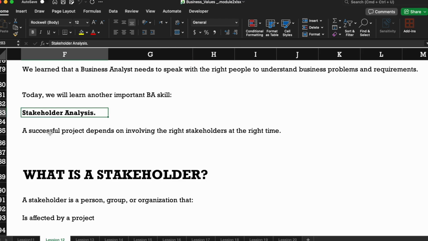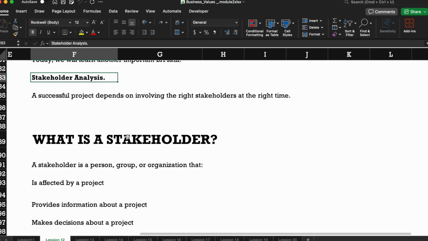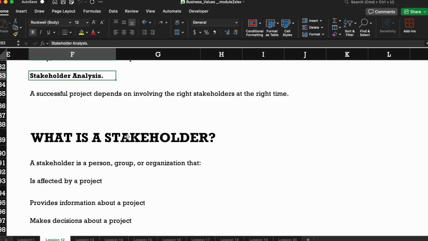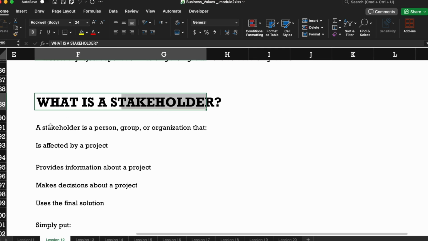A successful project depends on involving the right stakeholders at the right time, because the organization is big and you need to know who you should work with. So what is a stakeholder? A person, group, or organization affected by the project.